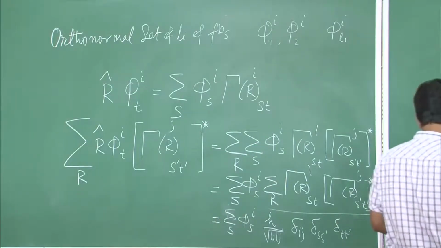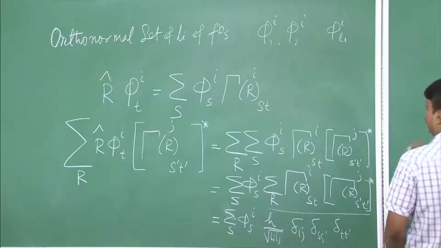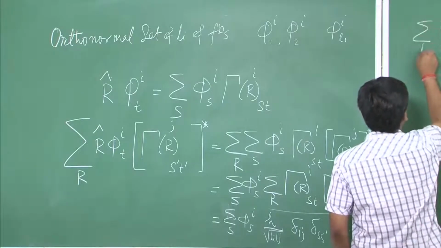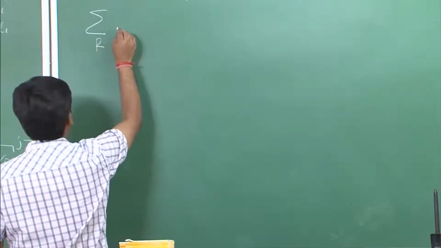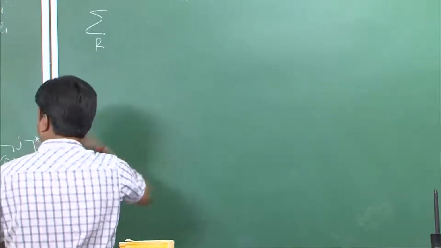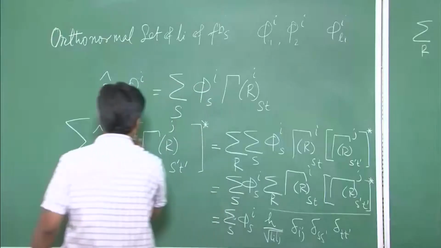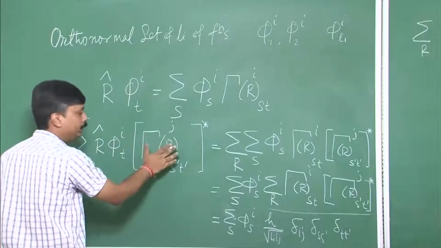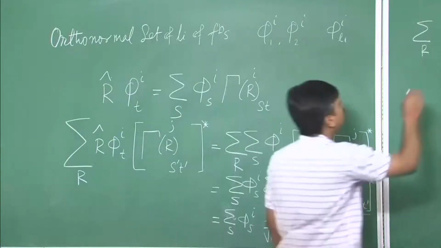So what we have here, the left side sum over r, I can just slightly rearrange because these two are not interfering with each other. So I will write this term first.